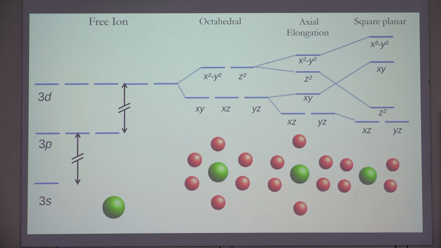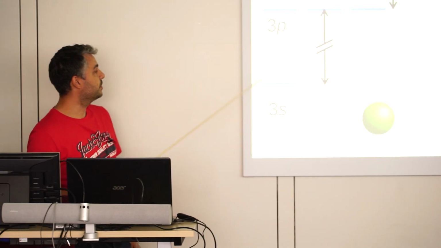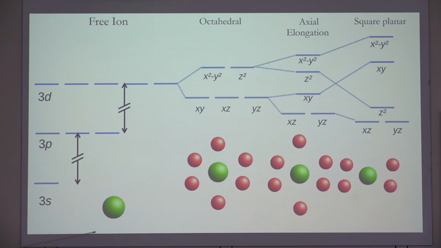If you have a more complicated system, like an ion in a ligand field, you have more orbitals, more states. If you only consider the ones in the third row, for example iron, cobalt, copper, etc., you have 3s, 3p, 3d. These are degenerate for the free ion.